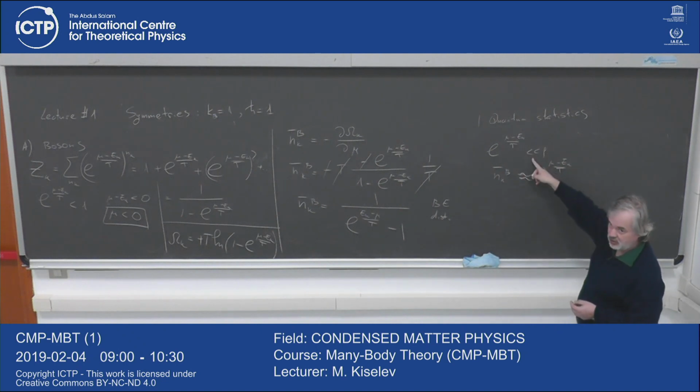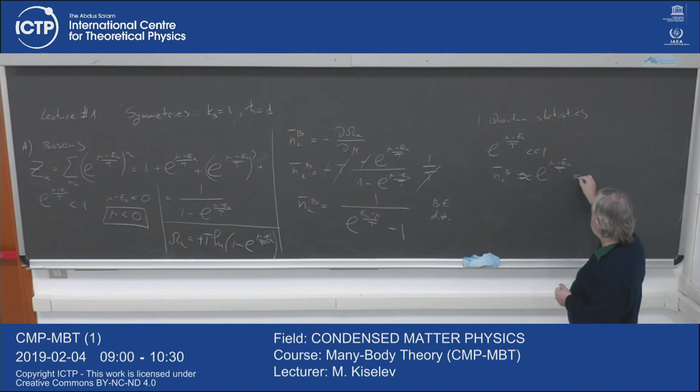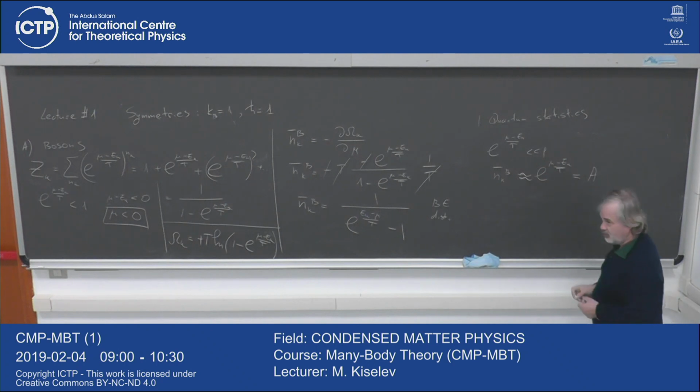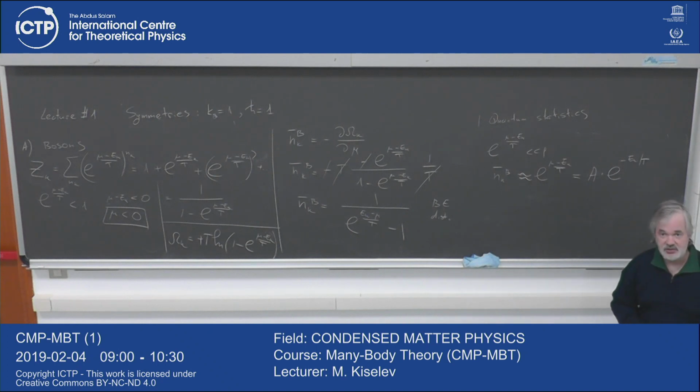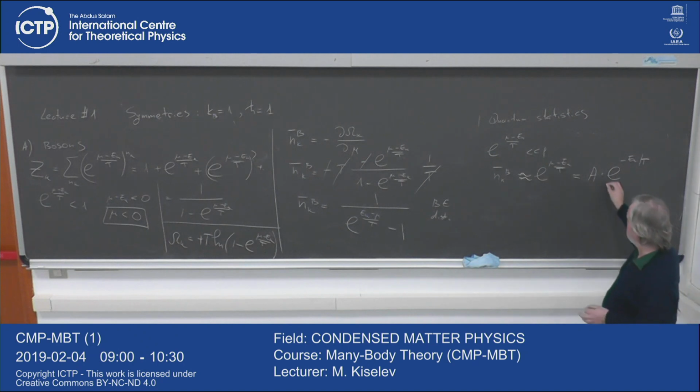So this is a limit where the occupation number is much smaller than 1, and what we see here is a multiplier A times e to the power minus epsilon k over temperature, and this is the classical Boltzmann distribution, right?